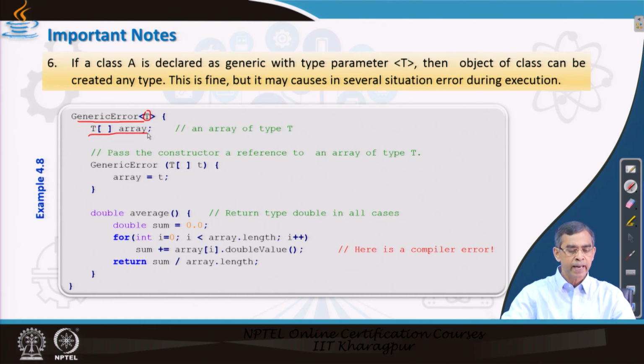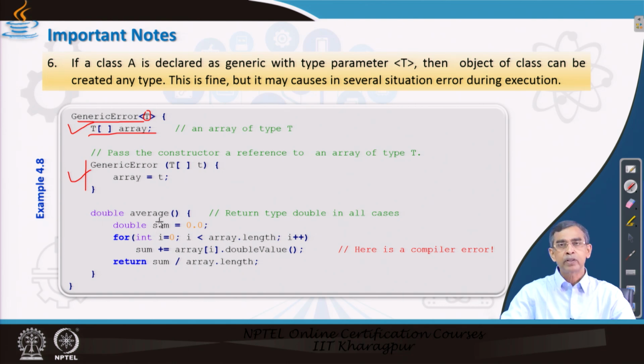This is an array of objects for this class, and this is the constructor, as usual. These two things are obvious in generic class discussion, so absolutely no problem.